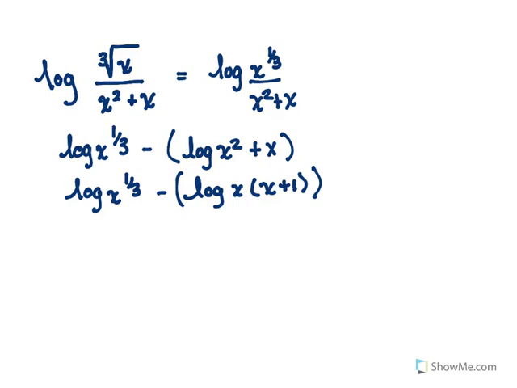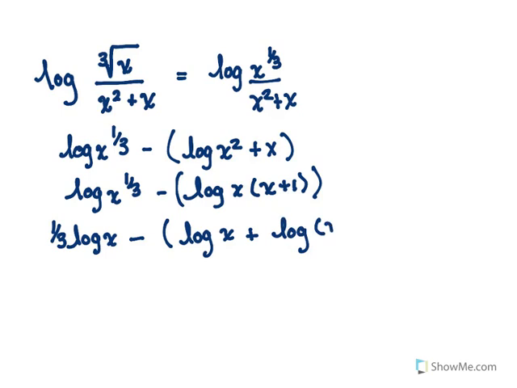Because we're multiplying these, now we can make them into a sum, so we can really simplify it. So again, I'm going to deal with this exponent right here. So that's now 1/3 log of x minus, in parentheses, log of x plus log of x plus 1.